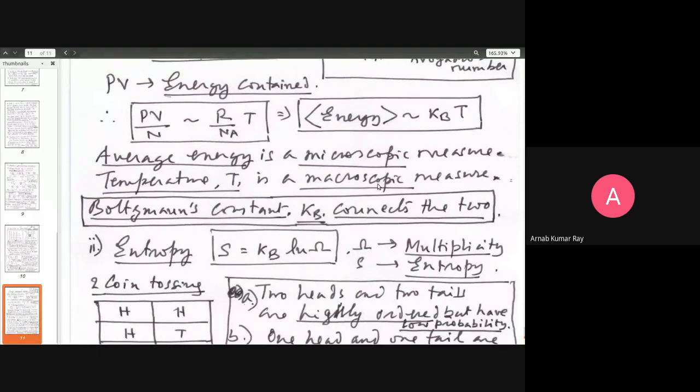No, nobody finds the average energy like that. There's a much simpler way of doing it. All you have to do is stick a thermometer in this gas system, find its temperature, and multiply the temperature by Boltzmann's constant to find the average energy.